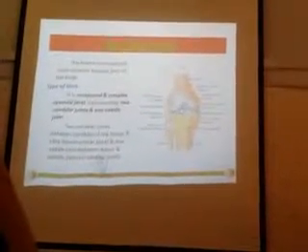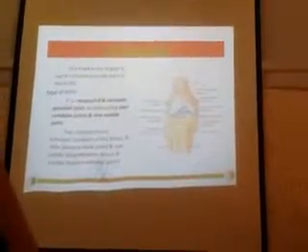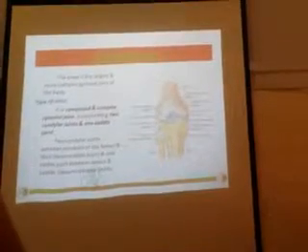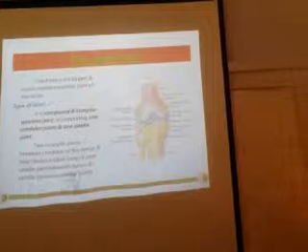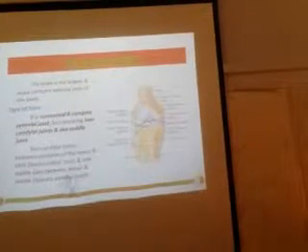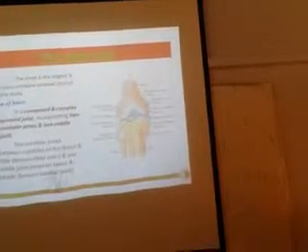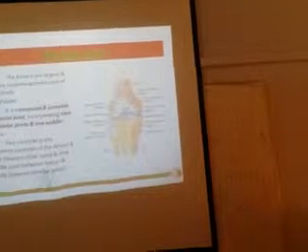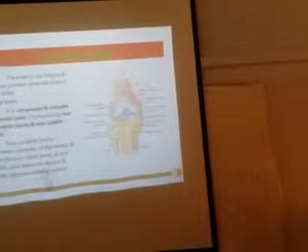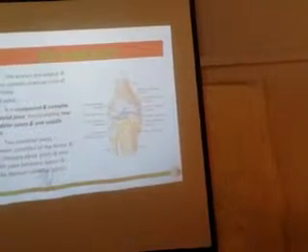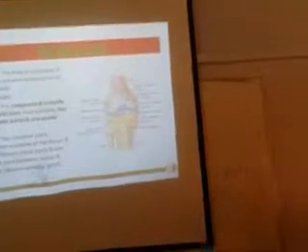It is called a complex joint because it is compound as well as complex, because of two joints. One is the bicondylar joint, where the condyles of the tibia articulate with the condyles of the femur, and one is a saddle joint. The condylar joint is between the tibia and the femur: the medial and lateral condyles of the femur articulate with the medial and lateral condyles of the tibia.